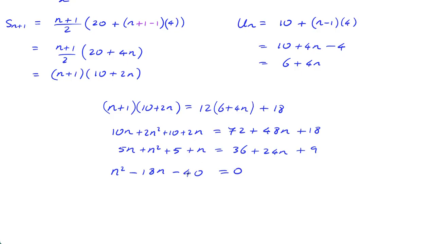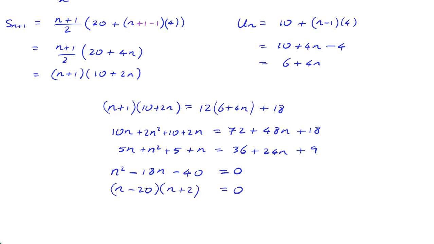This is going to be 20 and 2, guys, so it's going to be n minus 20, and then n plus, hang on, have I made a mistake, guys? n minus 20 and n plus 2 equals 0.